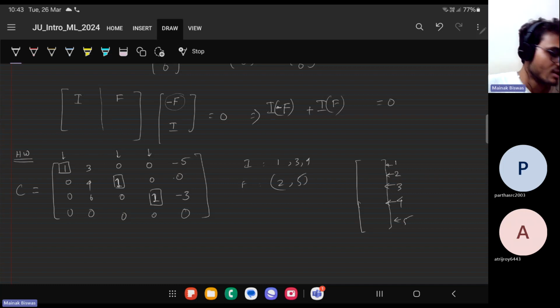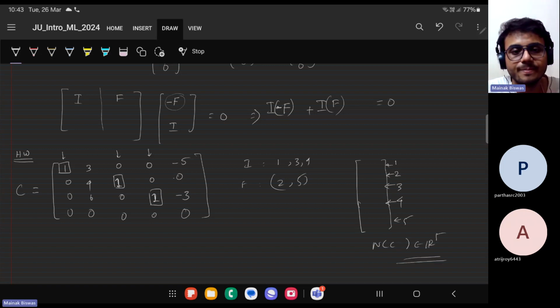So the null space of C will belong to R5, but how many dimensions will it be? From the Rank-Nullity theorem, how many pivots are there?